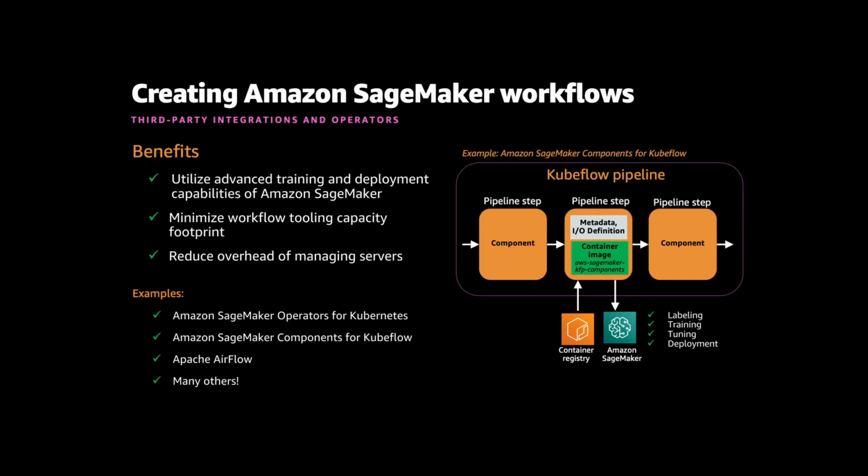In addition to that, it's also important to understand that we are not limited to the AWS stack, right? Of course, we're going to have a more dedicated session, but we can integrate and leverage other platforms like Kubeflow or Apache Airflow to work as the orchestrator for our machine learning pipeline.